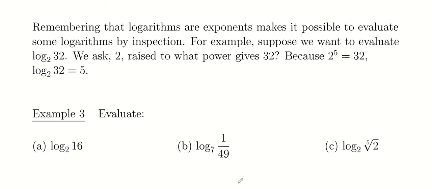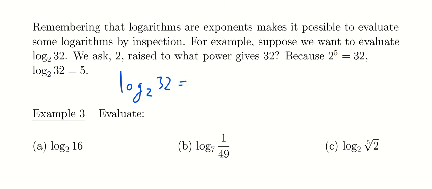Remember that logarithms are exponents, and they make it possible to evaluate some logs by inspection. So some of these values we can actually work out by hand. For example, if we wanted to find log base 2 of 32. If you were asked to compute this, let me just call it an unknown, a question mark.